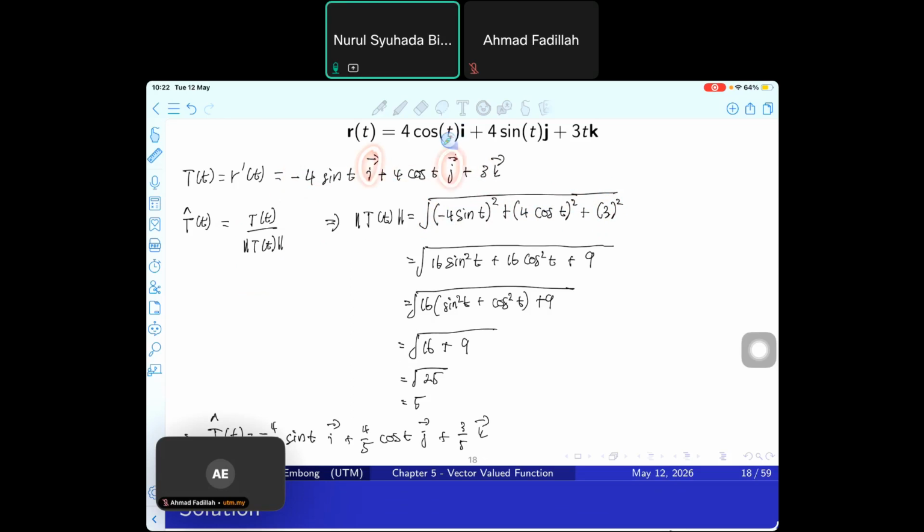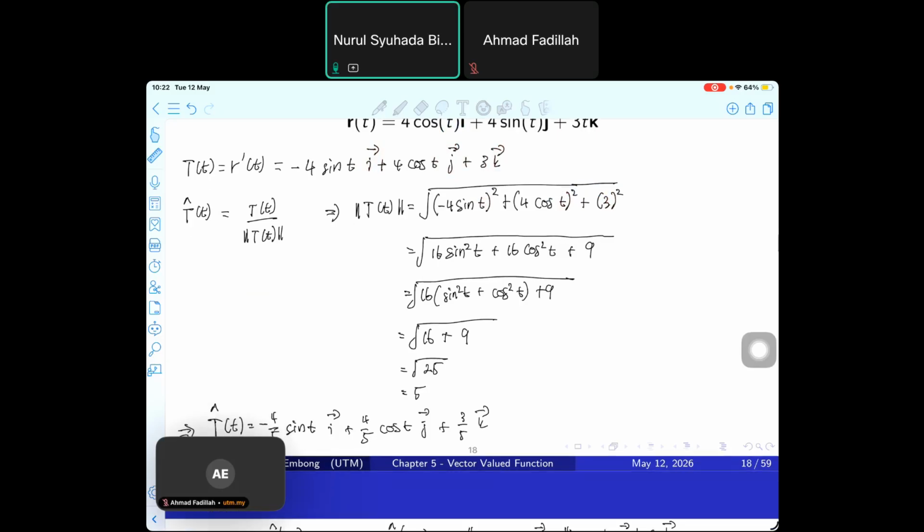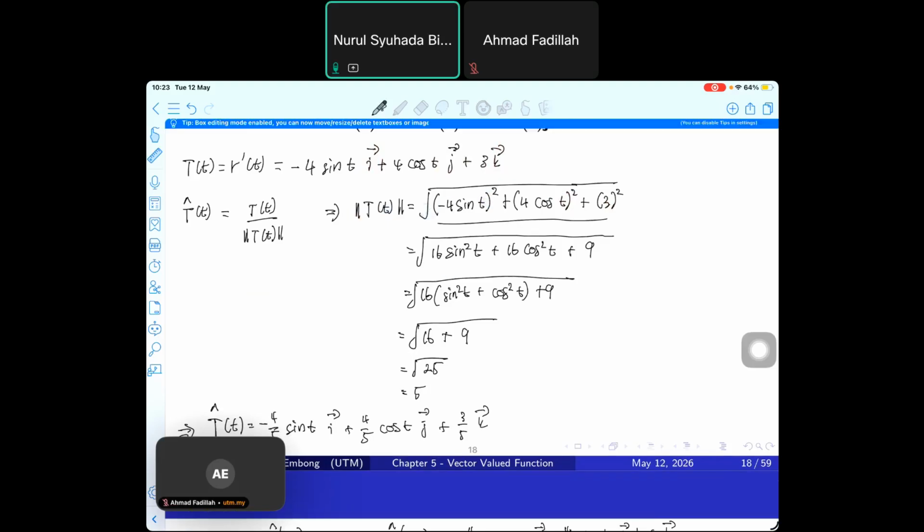Some students make this mistake. They take the vector together like that, I, J, and K, so he or she will face some difficulty when computing the norm over here.